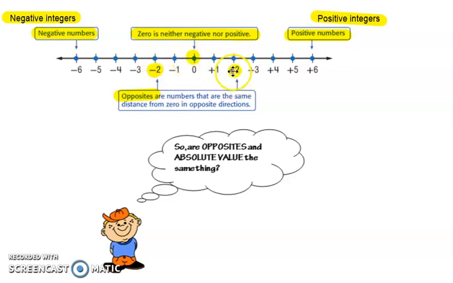So the absolute value of this 2 is 2. The absolute value, the distance from 0 for this negative one, is 2. So both of these have a distance from 0 of 2. That's how they're related.